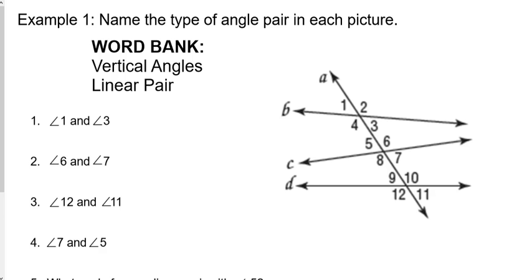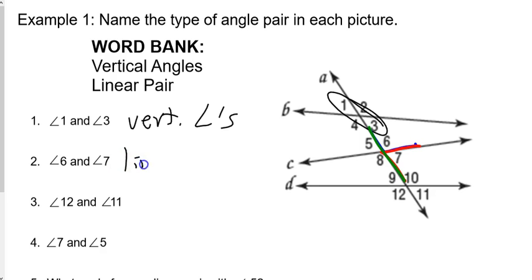All right, so got a lot of stuff going on here. 1 and 3. What are 1 and 3? Well, they are opposite each other, so those are vertical angles. And we can abbreviate like so. 6 and 7. Well, let's look. 6 is here. 7 is here. What do they form? A straight line. They are side by side.